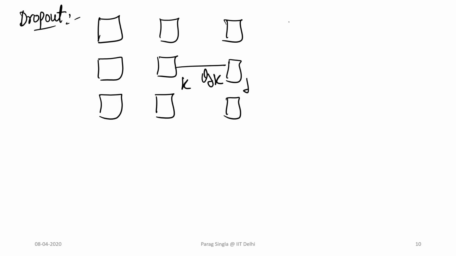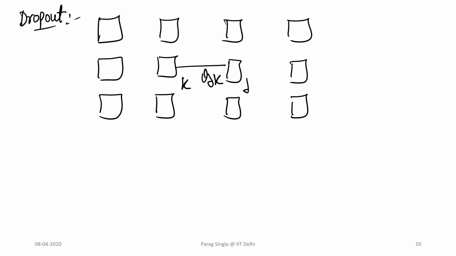When we say that this particular connection theta jk is being dropped, we choose these theta jks independently in every iteration, and different learning iterations might drop different connections. This is the key. I just want to make sure there is no confusion that there is a fixed set of connections which are dropped. That is not the case. In every learning iteration you drop different connections, and that is what brings robustness.